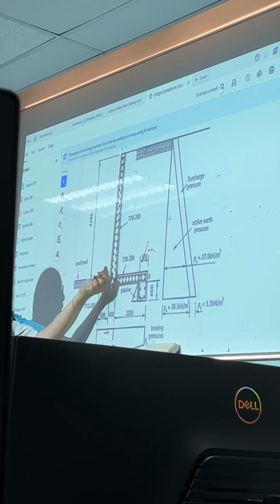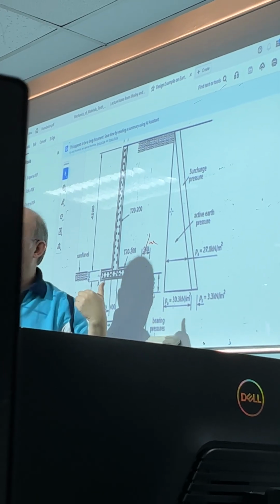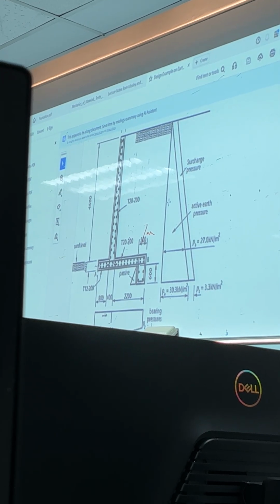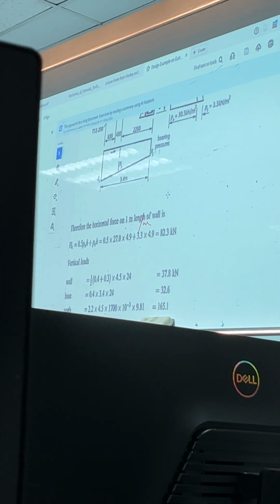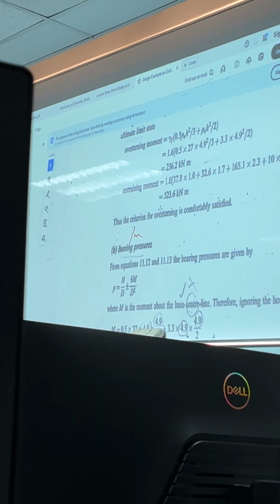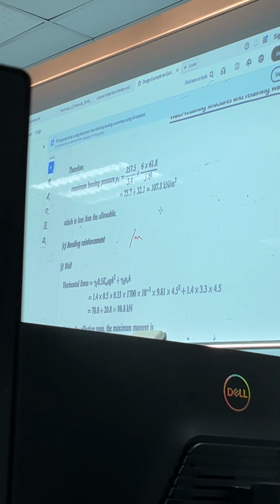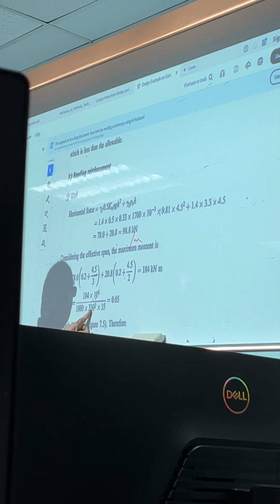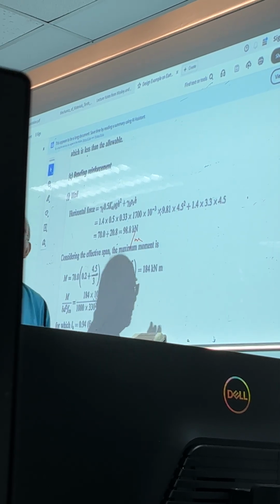So that is why the d is, they use 300 and what is it? 350, isn't it? Yeah, that's why here they use 330, because the thickness at the base there is 400.